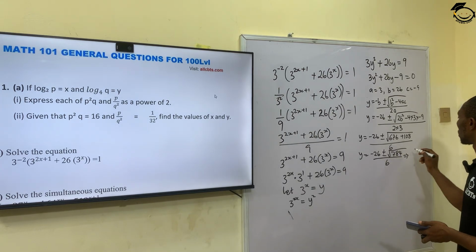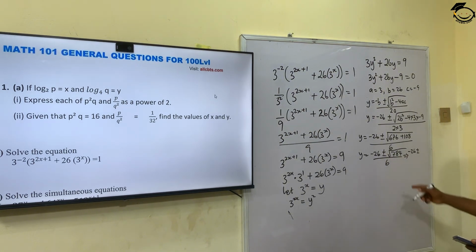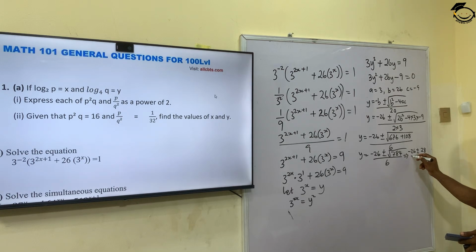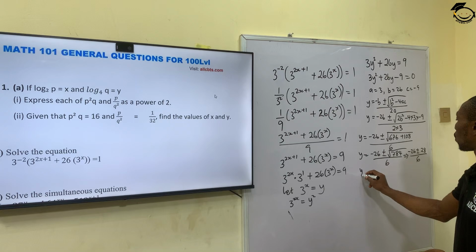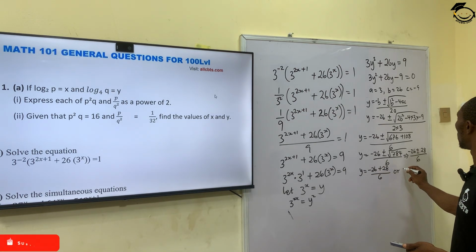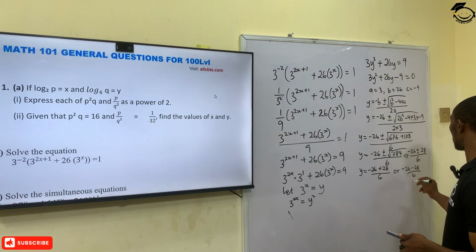And we know the square root of 784 will be 28, divided by 6. So this becomes y equals minus 26 plus 28 over 6, or minus 26 minus 28 over 6.